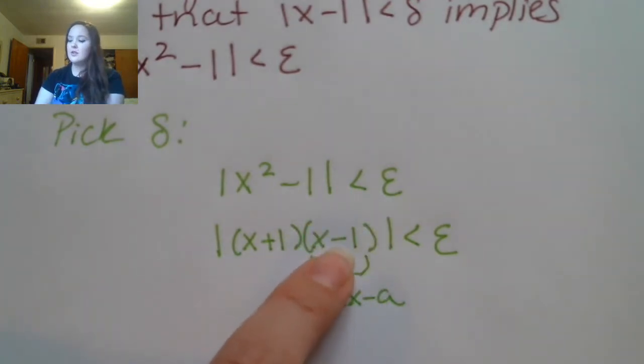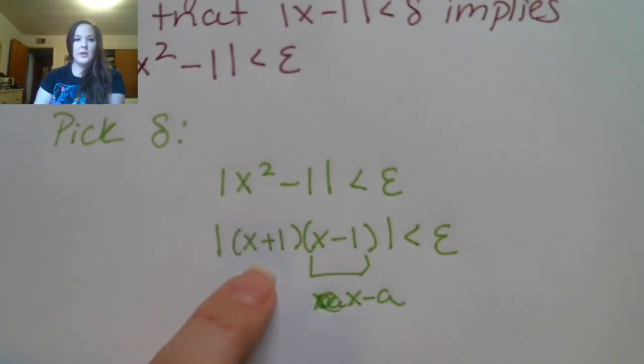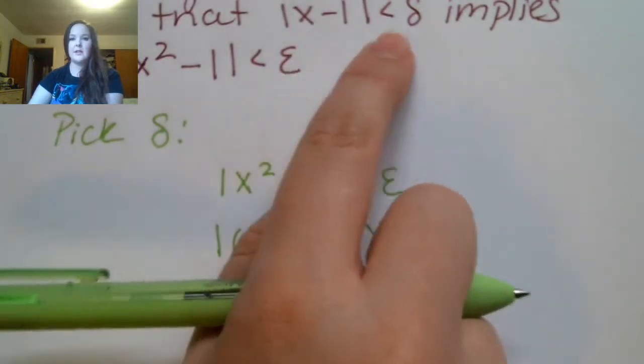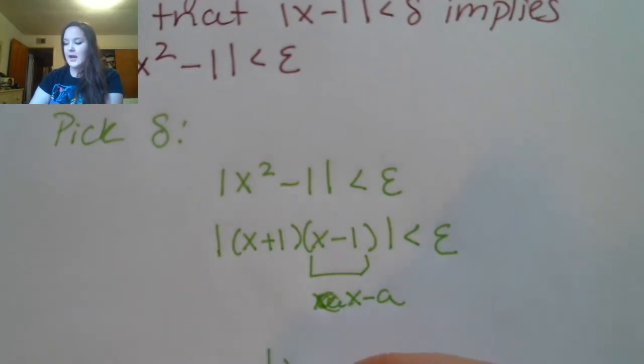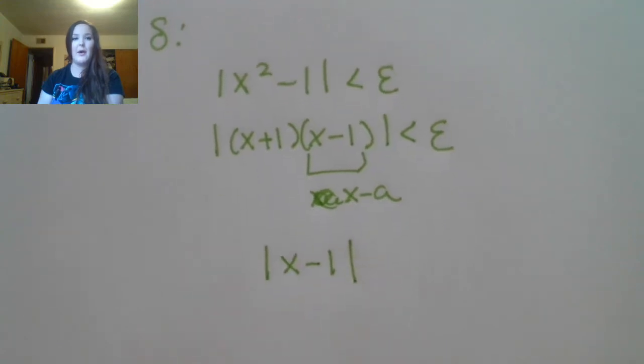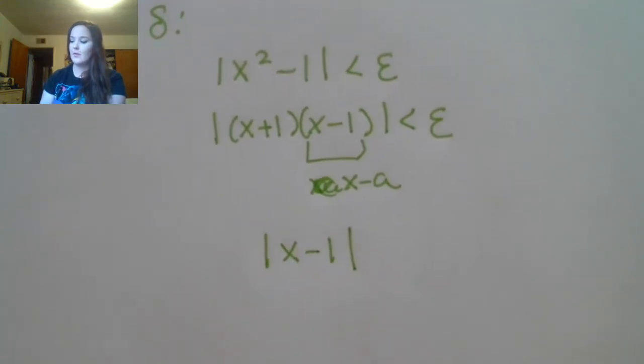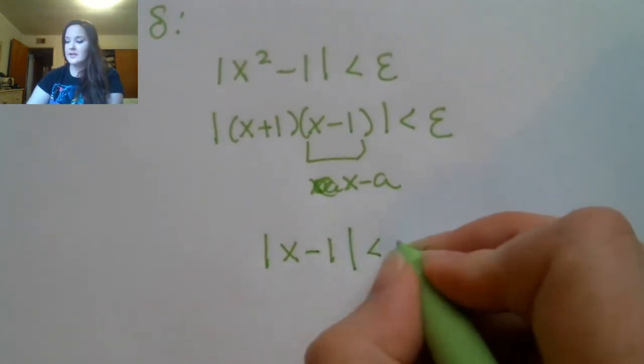The issue is that we don't really know the size of x plus 1. We know about x minus 1, but we don't really know about the other factor, which is x plus 1. So I'm going to look at x minus 1 and see if that can tell me anything about x plus 1.